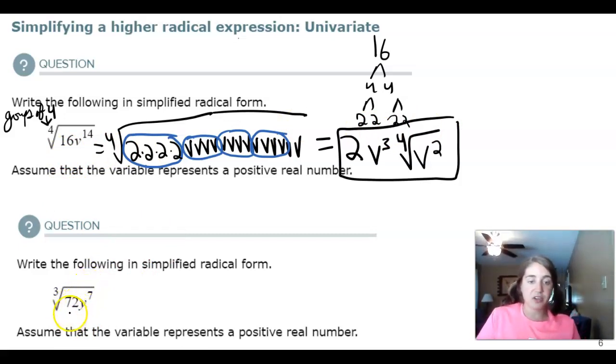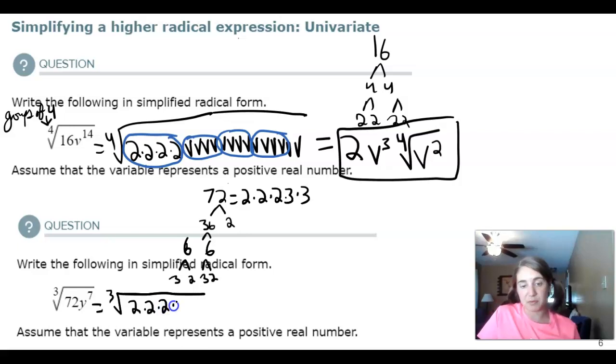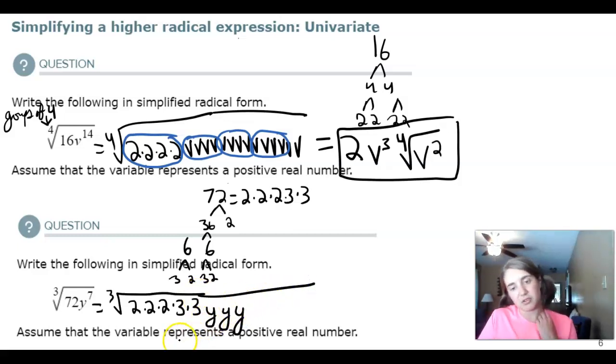If I look down here at 72, the prime factors of 72: 36 times 2, 6 times 6, 3 times 2, 3 times 2, so it's 2 times 2 times 2 times 3 times 3. I want you to think to yourself, what is it asking me to group things by? How many terms do I need to make a group?